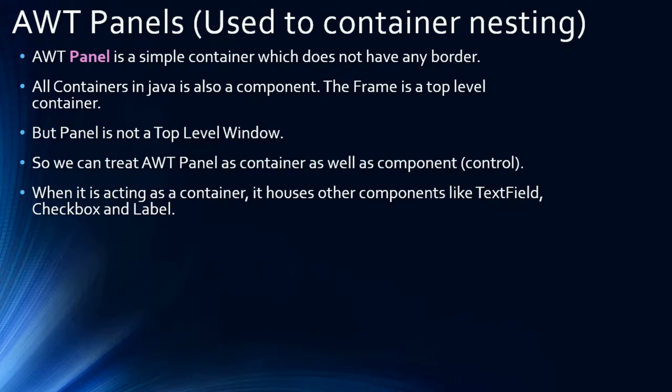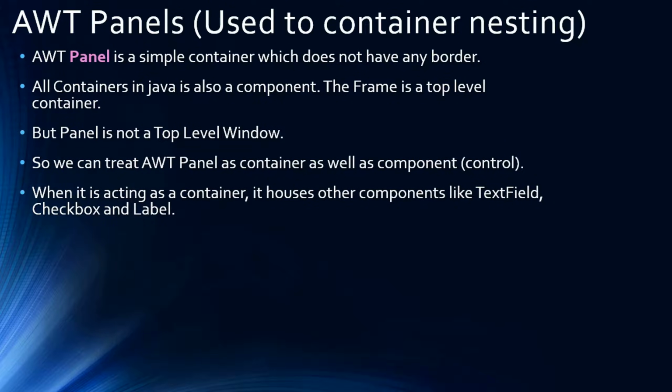When we treat the panel as a container, it houses other components like text field, checkbox, and label. There are other components also. In this video series, so far we have looked at text field, checkbox, and label, so I have taken those as an example. In the frame window, we added these components or controls.